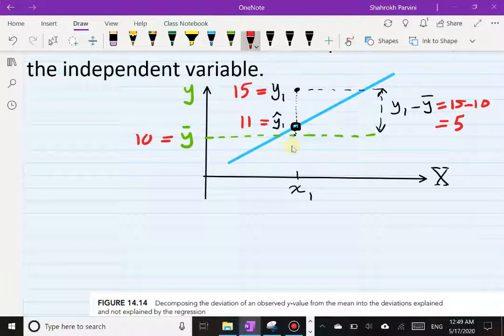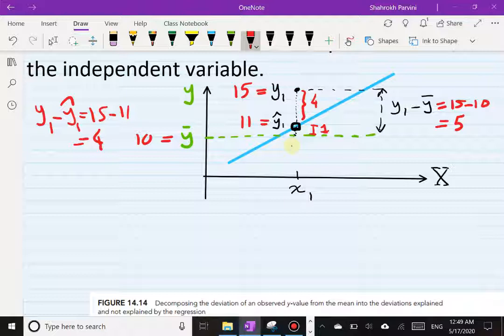If you look at that, 1 unit is the distance from the regression line to y bar, and the other distance measures 4 units, for a total of 5. That distance of 4 units, the vertical distance from y1 to y hat 1, is 15 minus 11, which is 4 units.